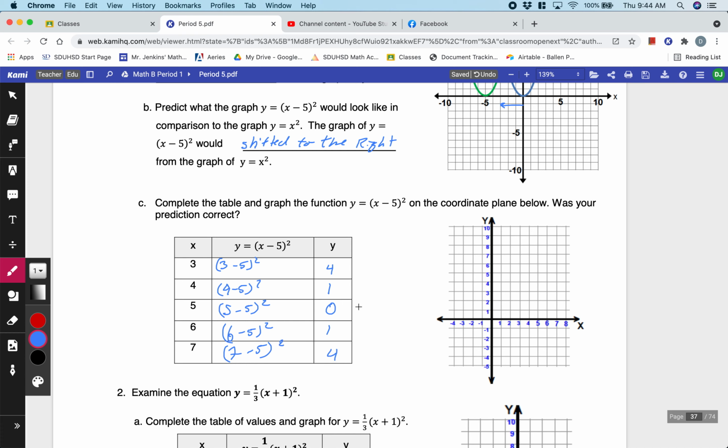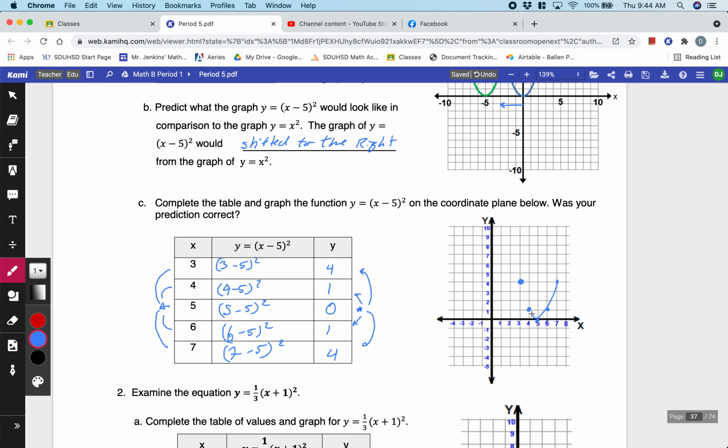Once again, what we talked about last lesson was symmetry. You see how these are the same answer. If this is the center, 1 above and 1 below 5 will have the same answer. 2 below and 2 above 5 will have the same answer. So when I plug these in, I go over 3 up 4, over 4 up 1, over 5 up 0, over 6 up 1, and over 7 up 4.